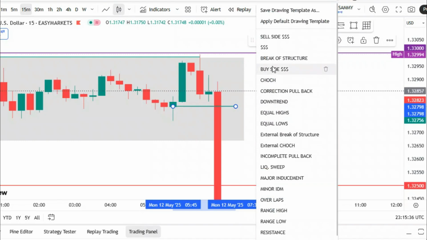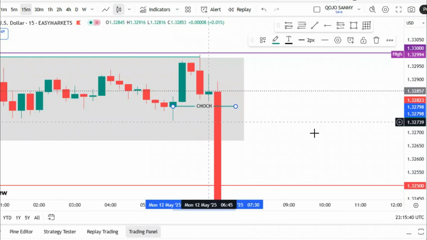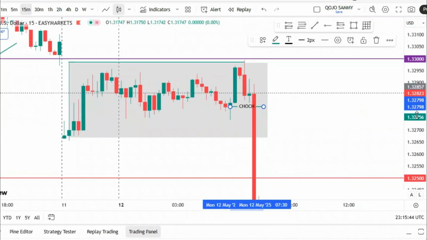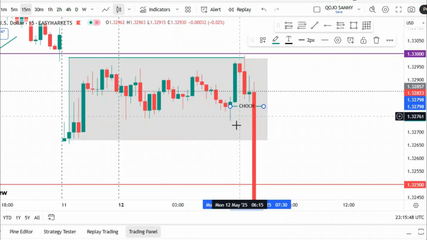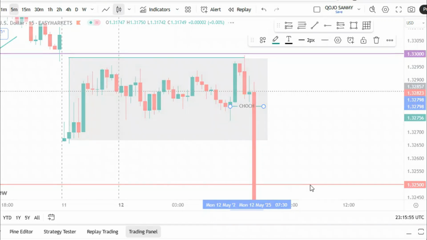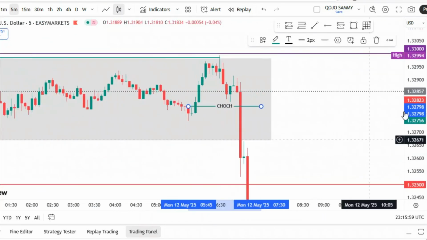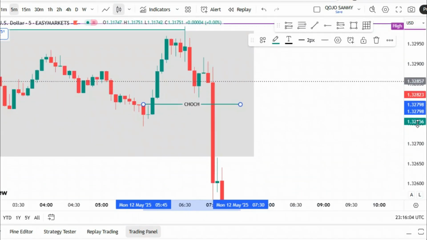Then we can say that price has changed character, or has changed its structure from sideways into actually shifting to the opposite side. Now my entry time frame is 5 minutes, so I have to go into the 5 minutes and see what candle closed below what we have.